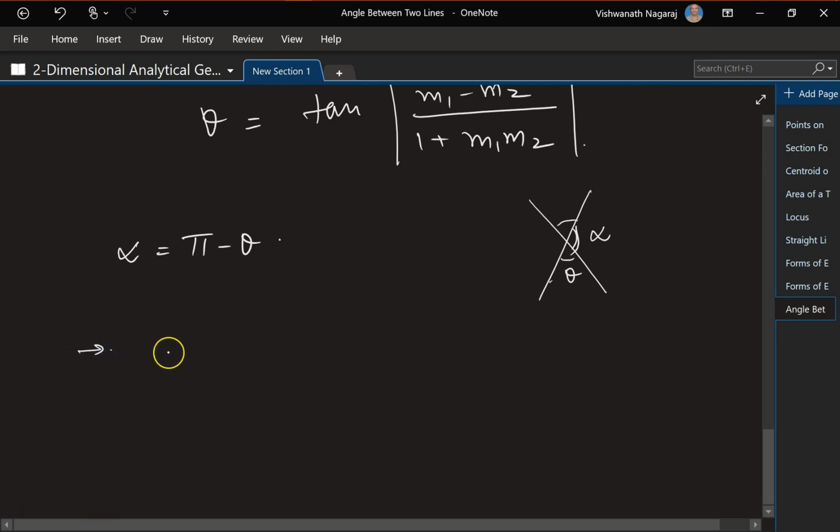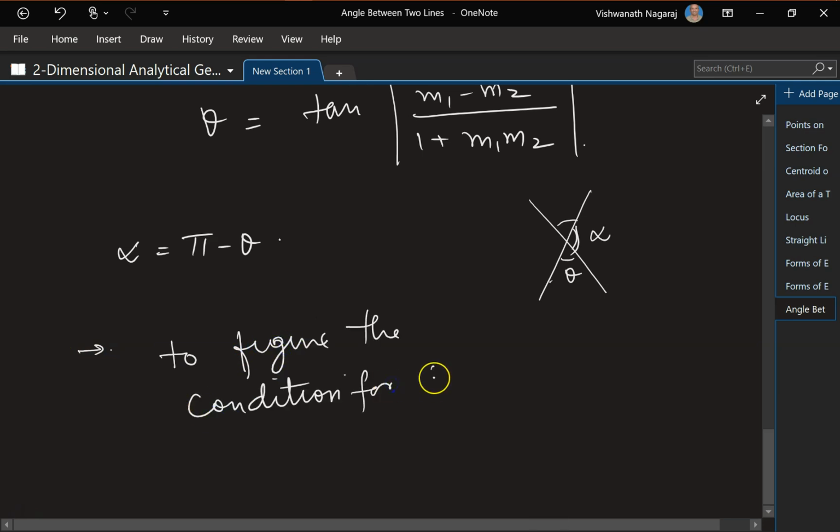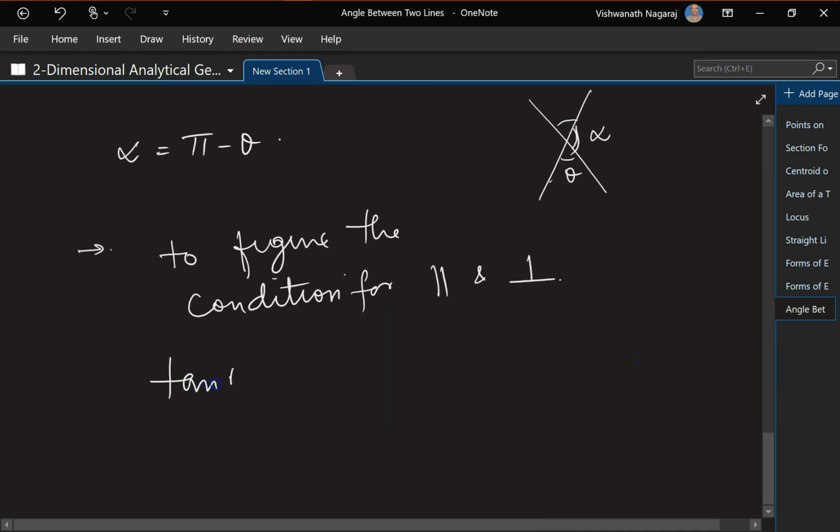Now a few points to figure out the condition for parallel and perpendicular lines. If tan theta is 0, it means the lines are parallel.